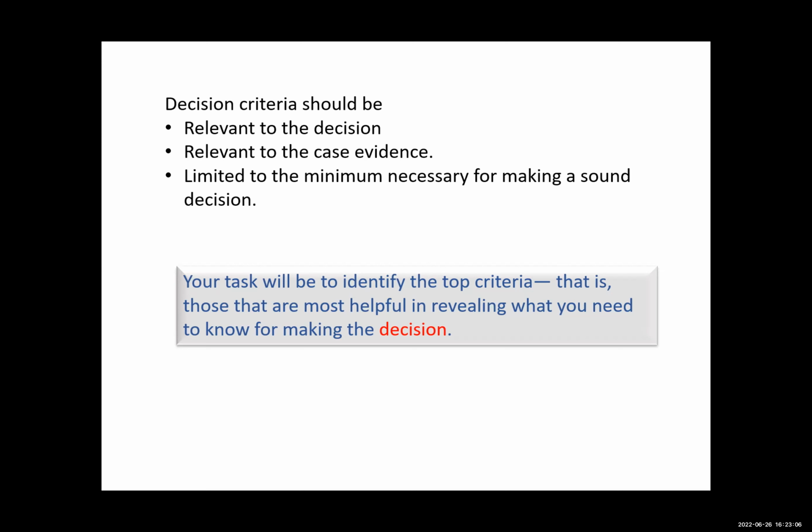If you start thinking out all possible things, every paragraph in the case will be a problem. So you need to set your eyes on identifying the top criteria for your decision.